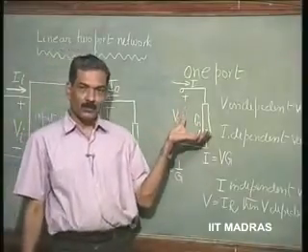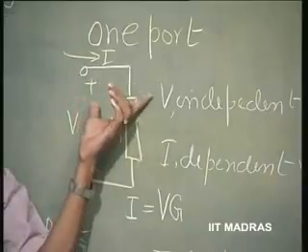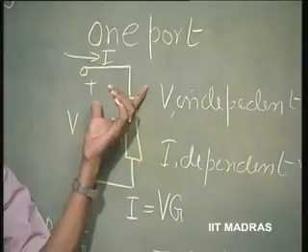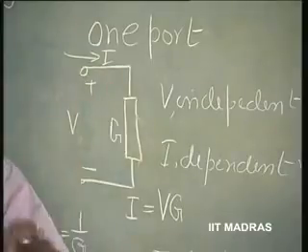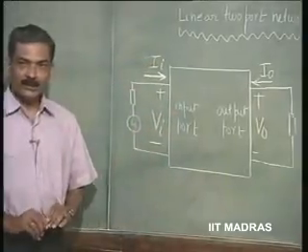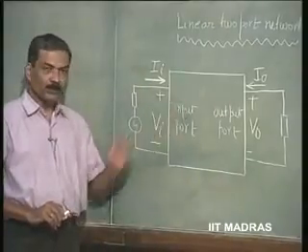This is for the one port. There are two variables here, V and I. If one is independent, the other is dependent. Let us now consider the two-port parameters, actually, two-port variables.